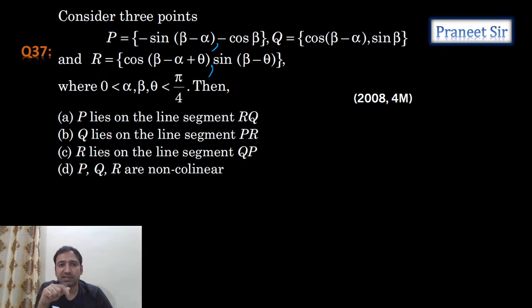And a comma is missed here. So minus sine beta minus alpha, comma minus cos beta. These are the 3 points he has given. And what he is saying: P lies on the line segment RQ, Q lies on the line segment PR, R lies on the line segment QP, and PQR are non-collinear.